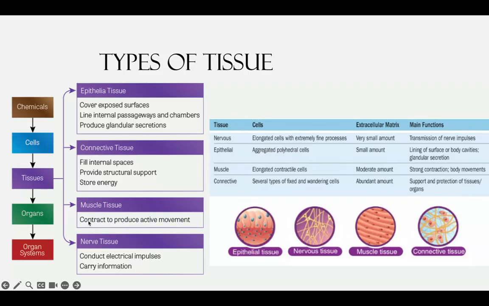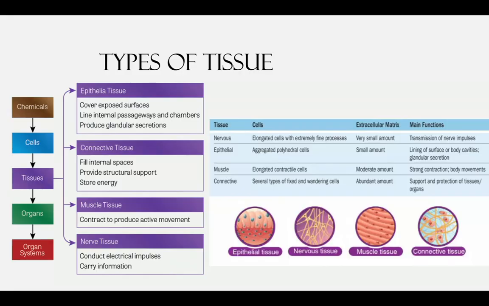Muscular tissue, we spend a lot of time on muscular tissue when we get into the actual muscle unit. So we don't spend too much time here in this chapter, but we will introduce it. Basically, muscle tissue is there to produce contractions that produce body movements in some sort of way. And then we have nervous tissue, okay? It really shouldn't be nerve tissue, it is nervous tissue, okay? So nervous tissue, this is going to be looking at the nervous system.